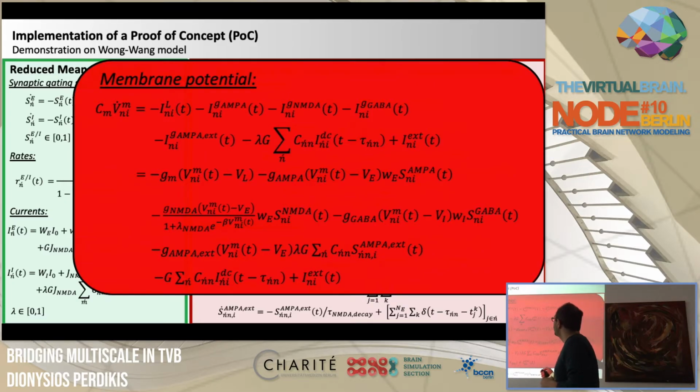And now we need to see the specific currents that drive the dynamics of the membrane potential. First, we have the leak current. We have AMPA synapses. We have NMDA synapses. We have GABA synapses. We have AMPA synapses coming from other brain regions.